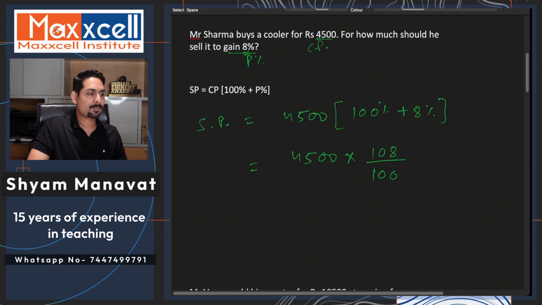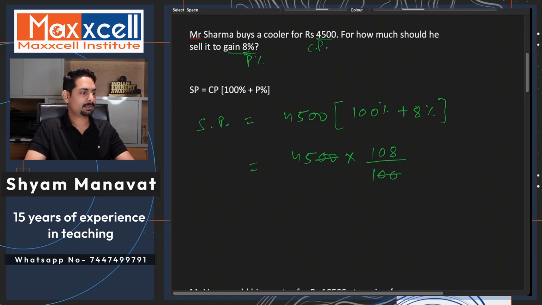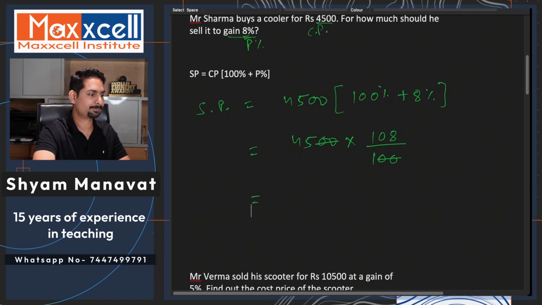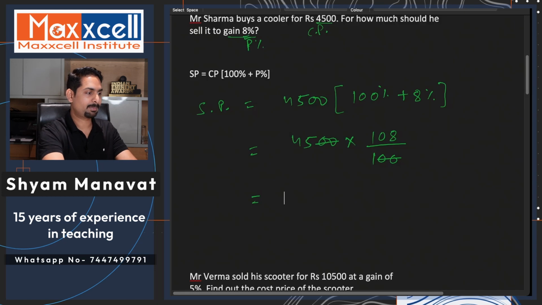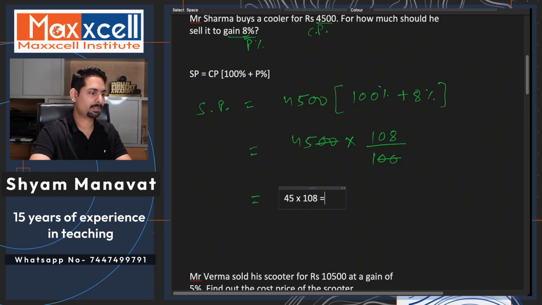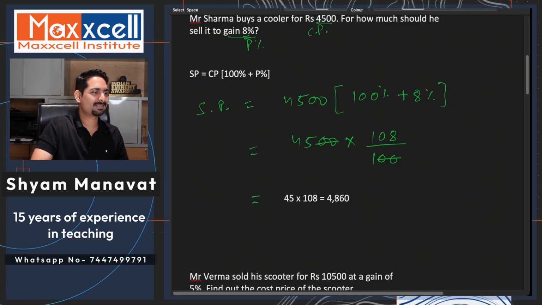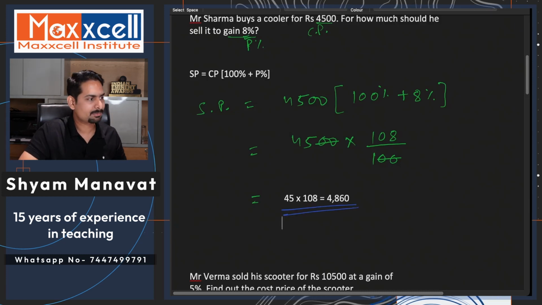The zeros cancel. Now simply multiply 45 with 108, and you get 4,860. That's the answer. Simple application of the formula.